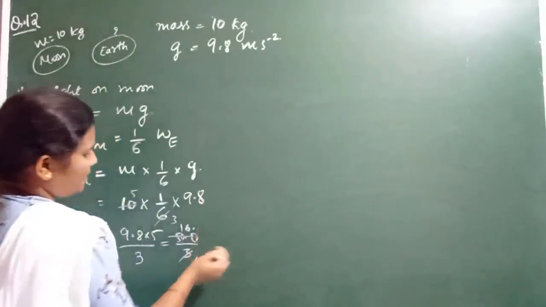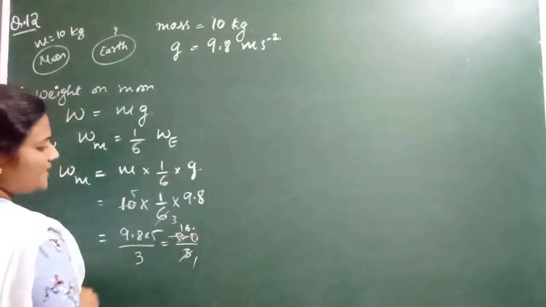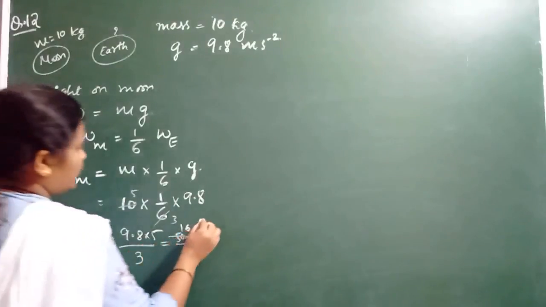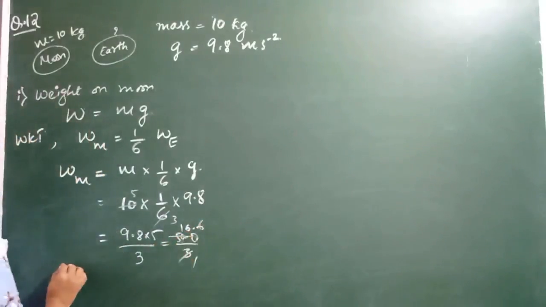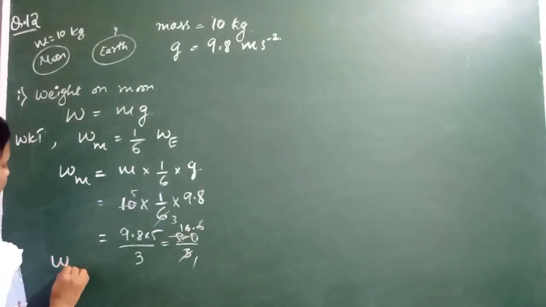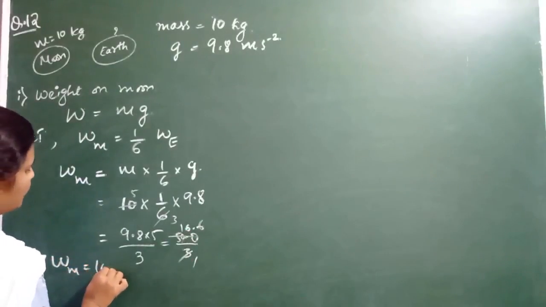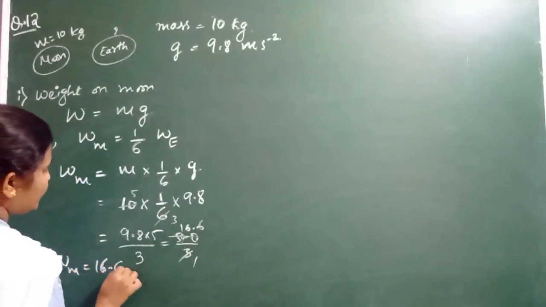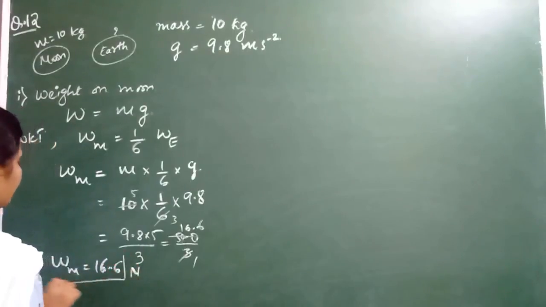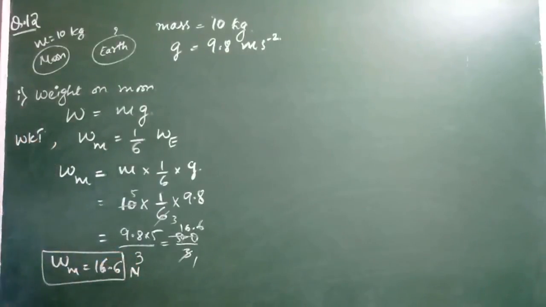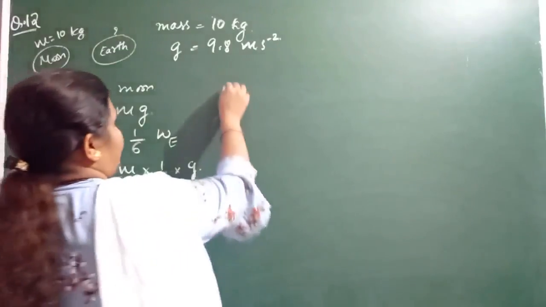Or else this point no value, no? Let us take 2 is left. When you take it, 16.6. So what is the weight of the object on the moon, children? 16.6 newtons. What is the unit? Force unit only, the weight unit here. So what is that? 16.6 newtons.